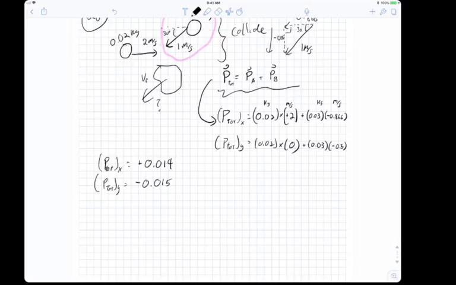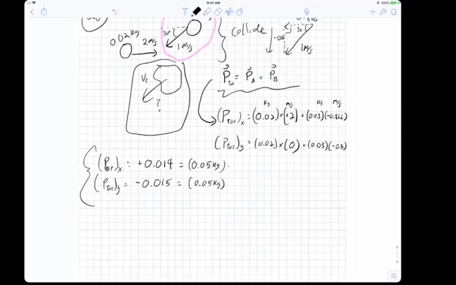Okay, so that's the total momentum of the system, and after they glom together, they're going to have the same momentum. So the total mass here is 0.05, it's 50 grams. And this is going to be times v in the x direction, and this is going to be times v in the y direction. All right?